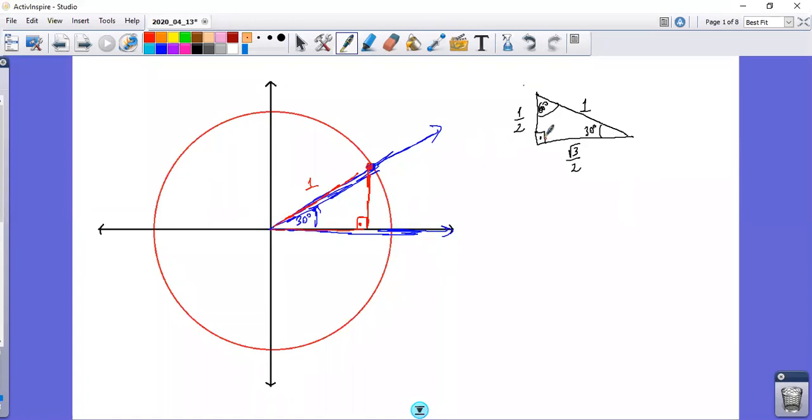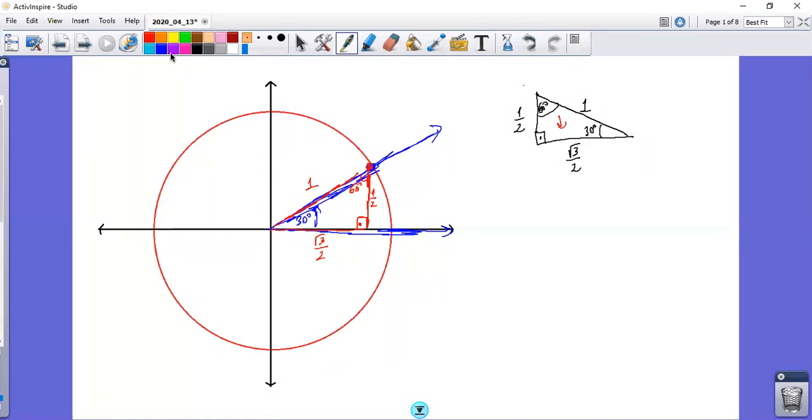What is the side opposite to 30? It is 1 over 2, right? And the third angle must be 60 degrees. So what is the length of the side opposite to 60 degrees? It is root 3 over 2. You see, we have this right triangle here. So this is the length.